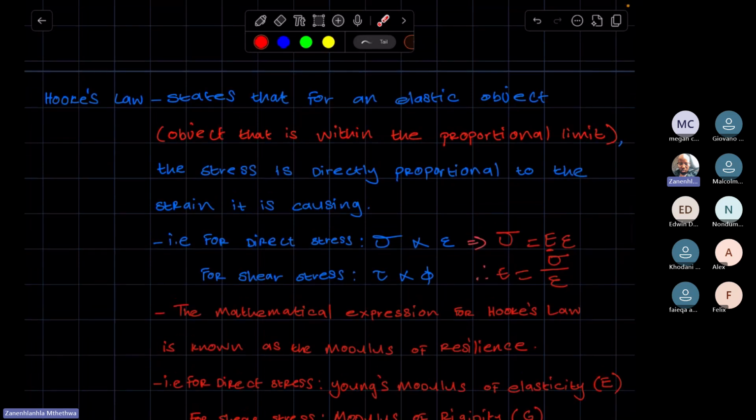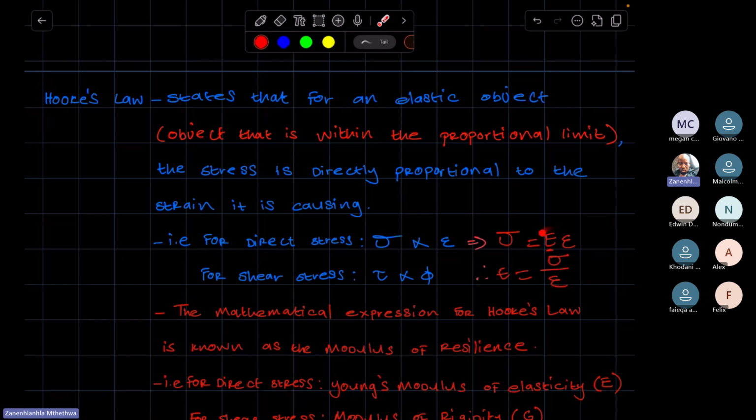Because depending on the kind of stress that you're looking at, for direct stress, the symbol we denote for Young's modulus is Young's modulus of elasticity, right? For shearing stresses, we call it Young's modulus of rigidity.